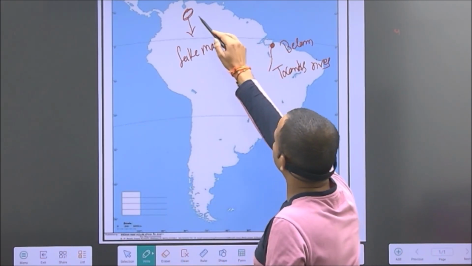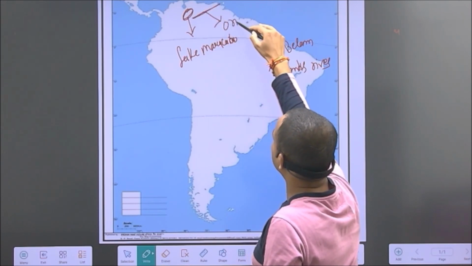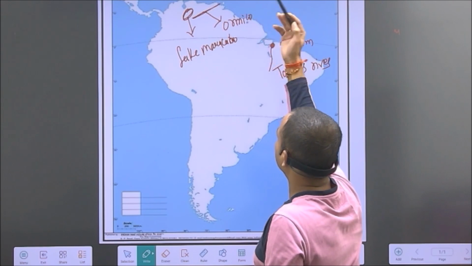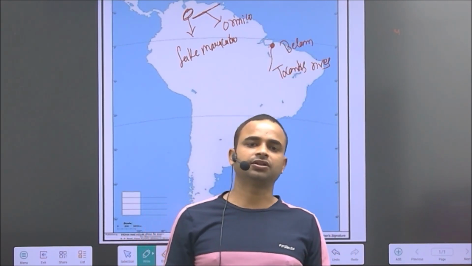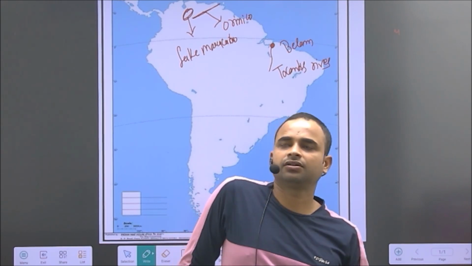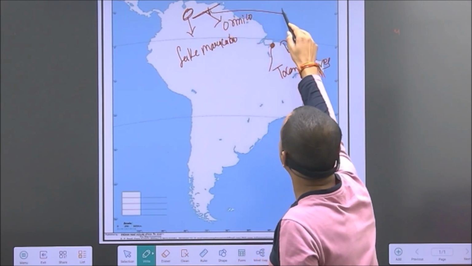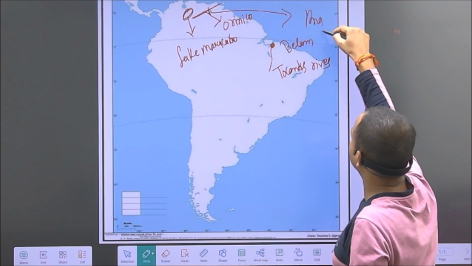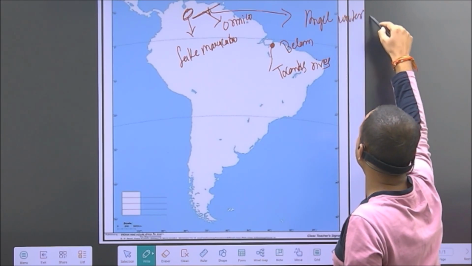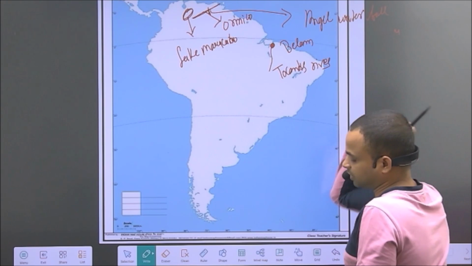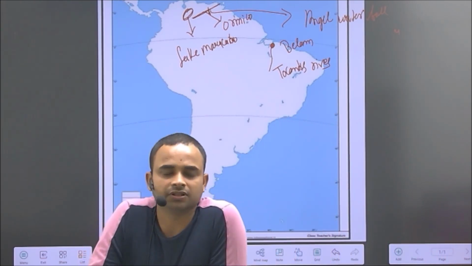And here you can see Orinoco River. On the Orinoco River, Angel Waterfall is situated, and Angel Waterfall is the highest fall of the world.